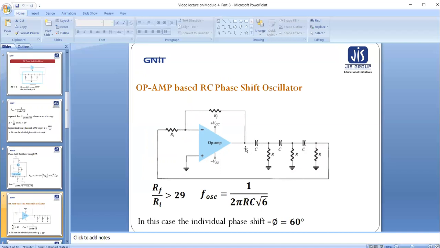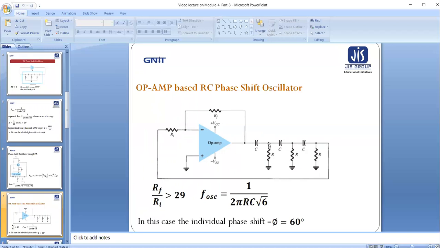Now what will happen? Suppose the circuit will produce some output due to a fictitious signal or some noise voltage. This output will first pass through this CR network and it will produce a voltage divided output which has a phase shift of 60 degrees.